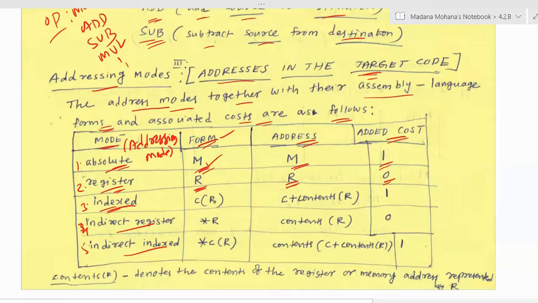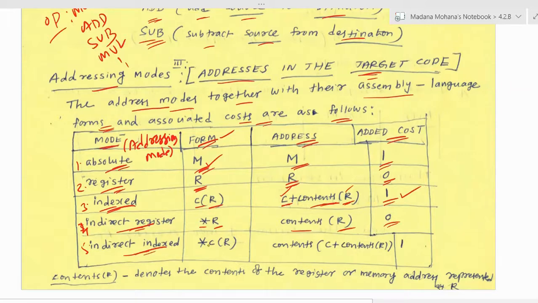Then indexed addressing mode using a constant and a register, C(R). The address can be written as C plus contents of R. For constant C one location is used, while the contents stored in register R take no cost. So it takes only one cost, for C, therefore the cost is 1. Then indirect register, using pointer *R, represented in address form as contents of R. Here it is using only a register, so its cost is 0.